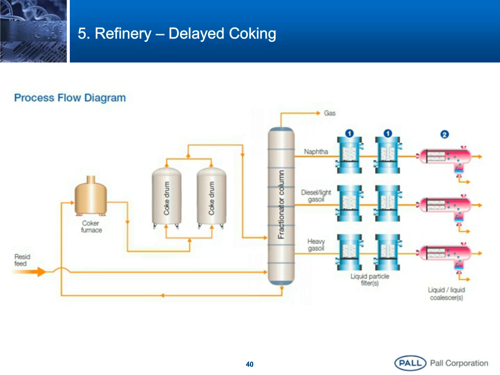You typically pass through the coker furnace, and part of the terminology here, delayed coking, is due to the large volume of steam that's injected just downstream of the coker furnace to delay the onset of the coking reaction until you get into the coker vessels.